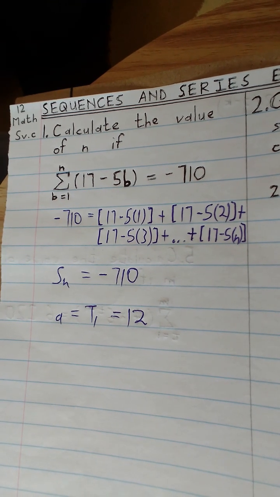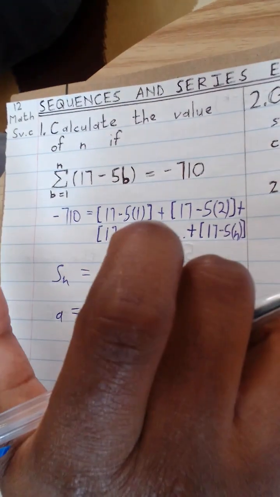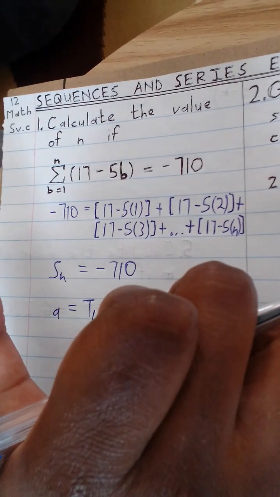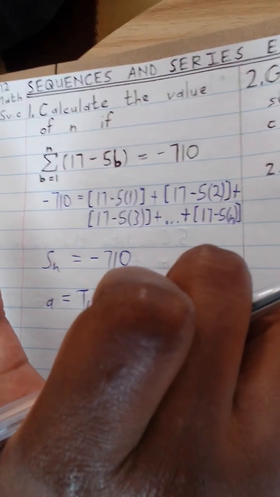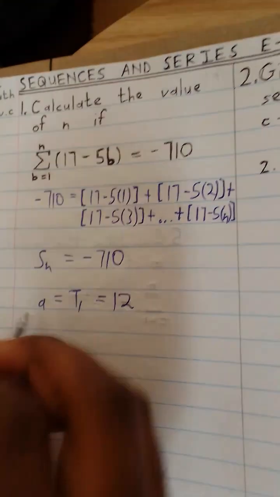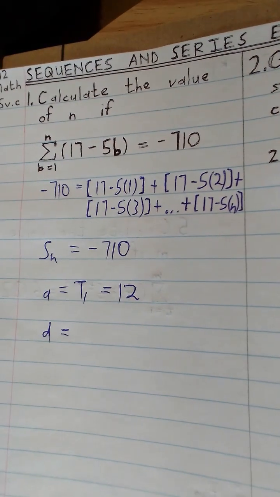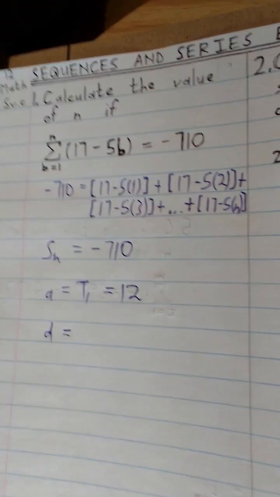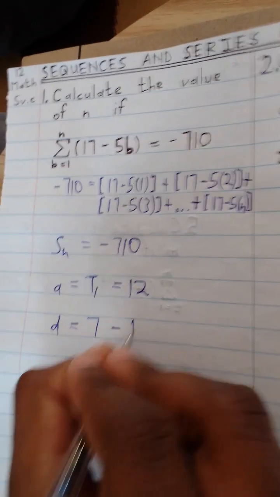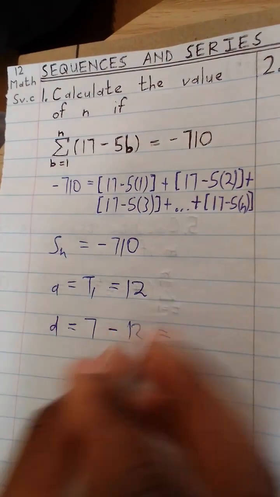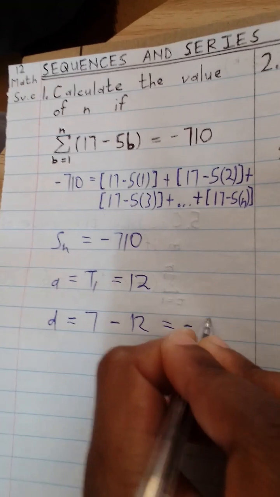Since we've established that this is an arithmetic series, we need d. d is T2, which is 7, minus T1, which is 12. 7 minus 12 is negative 5.